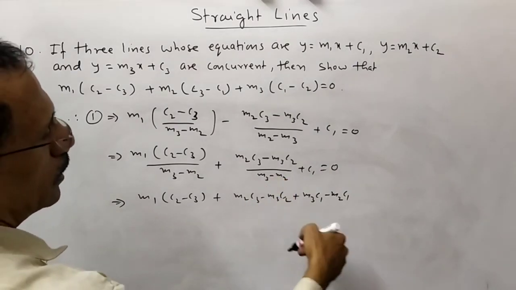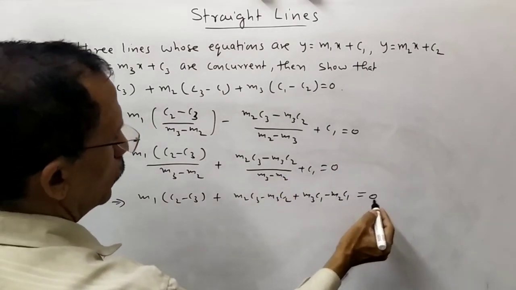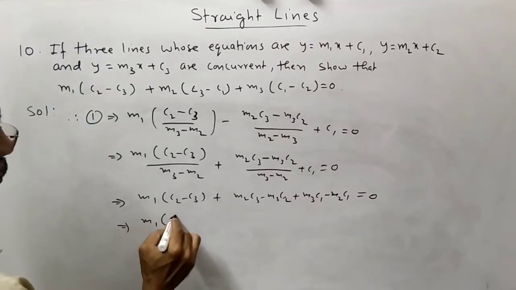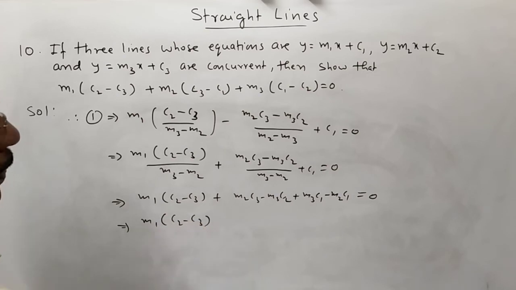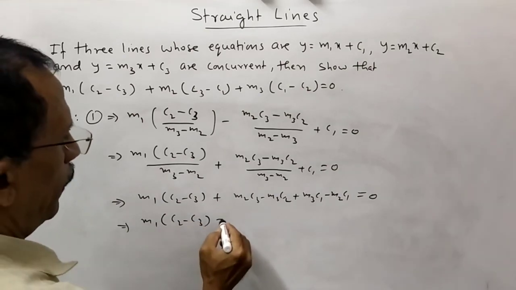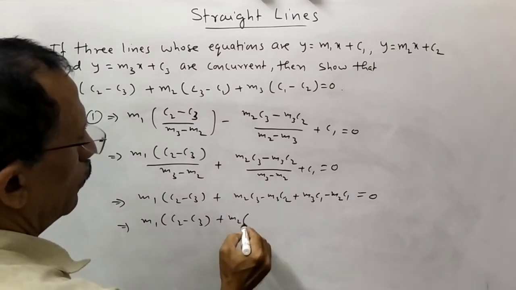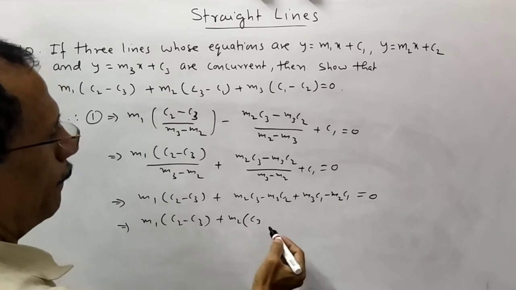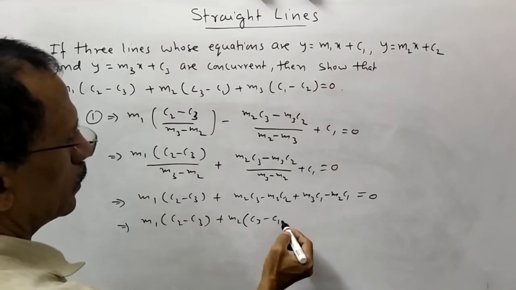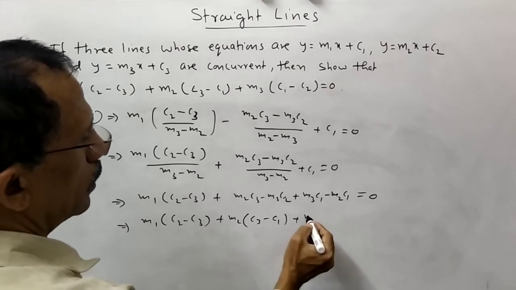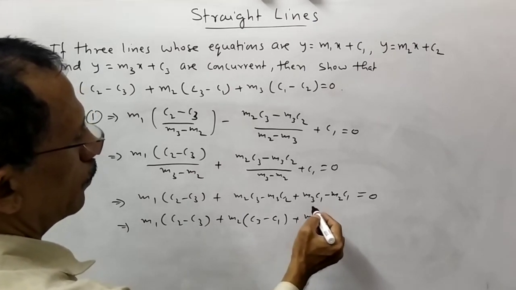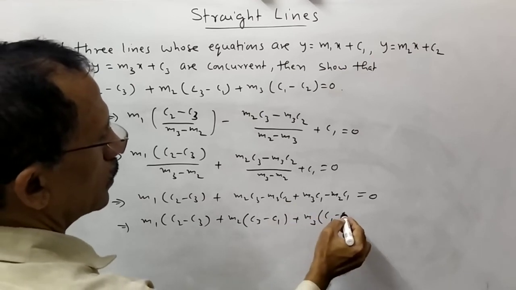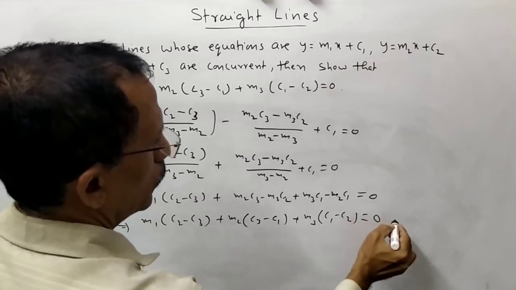So when you take that as LCM, you can send that side, so equal to 0 we will get. This implies m1 into c2 minus c3 plus m2 into c3 minus c1 plus m3 into c1 minus c2 is equal to 0.